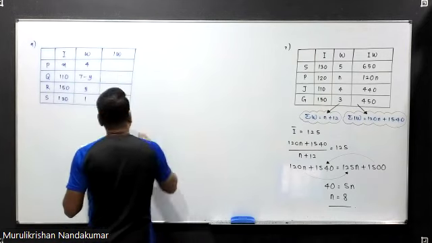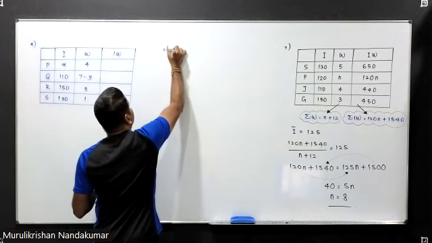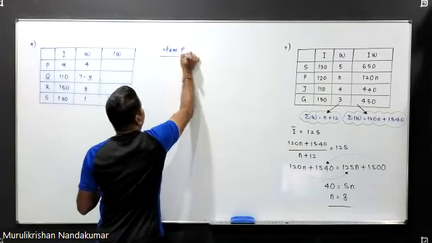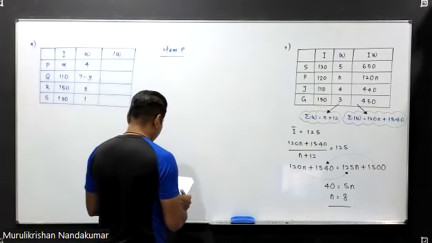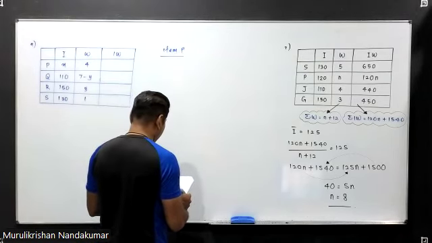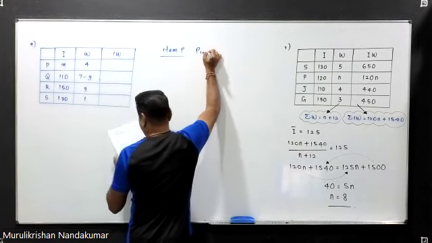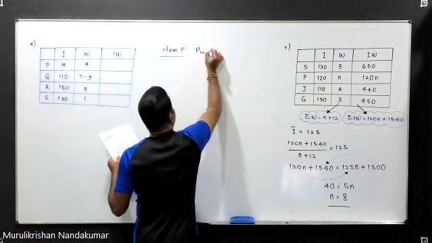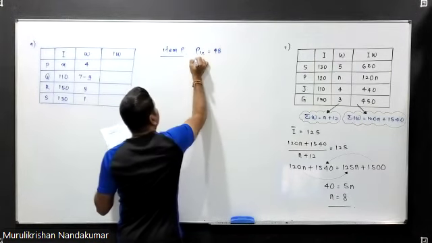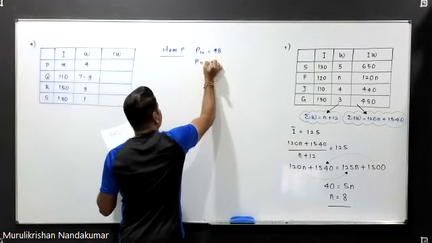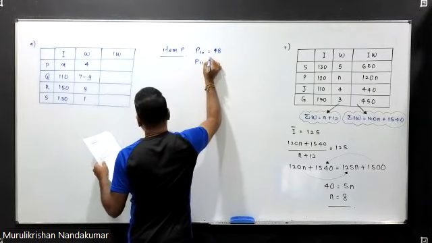Item P, given that the price for the P for 2010, berapa? 2010, 48. And 2011 is 5520.